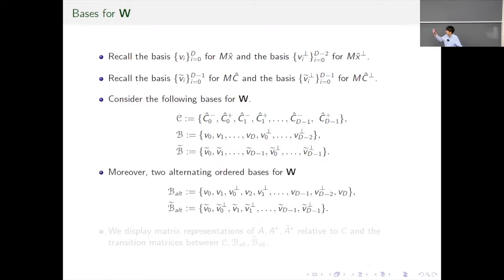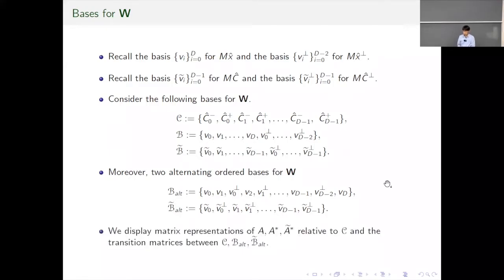The script C is the characteristic vectors for staircase fashion, and script B is the basis consisting of the phi standard basis and phi perp standard basis. And script B tilde is the phi tilde standard basis and phi perp tilde standard basis. And also we define two alternating ordered bases for W, B alt and B tilde alt.